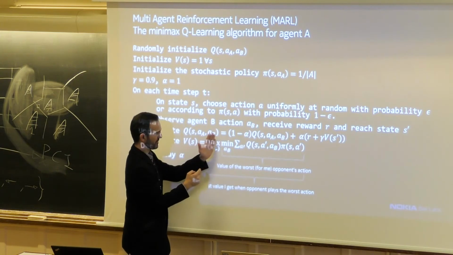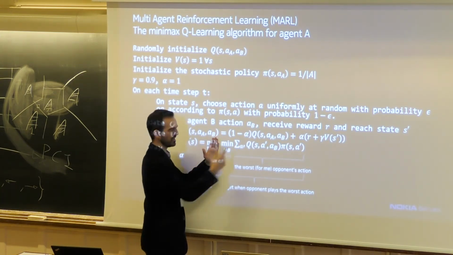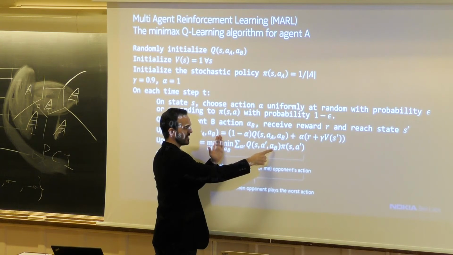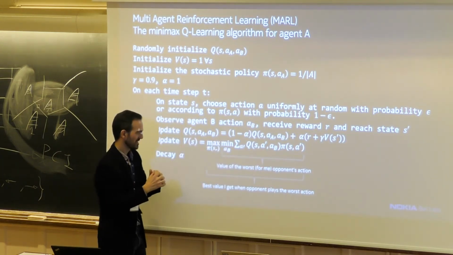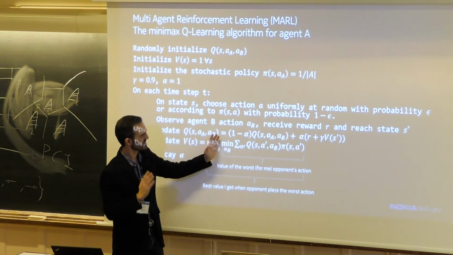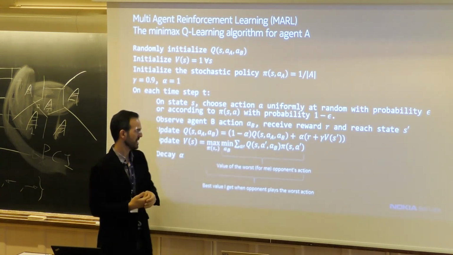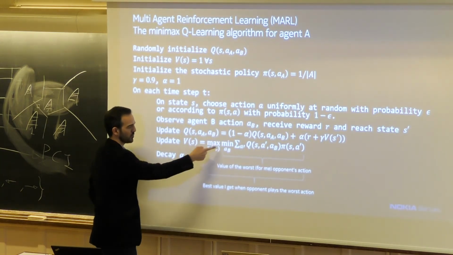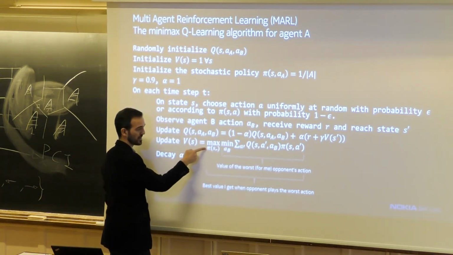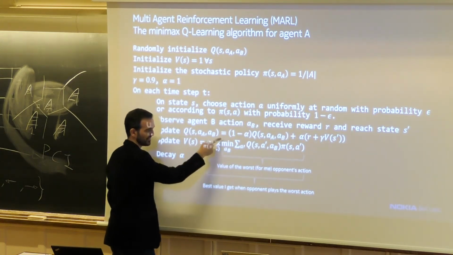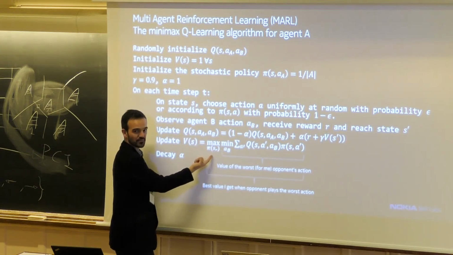Basically, this is the value that we would receive if the opponent behaves in the way that makes me most miserable. Not sure if that's clear. That's why this min is here. That's the worst experience we can have if the opponent behaves optimally. And then what we do is we basically just maximize this magnitude over the policies to get this most miserable value as high as possible.